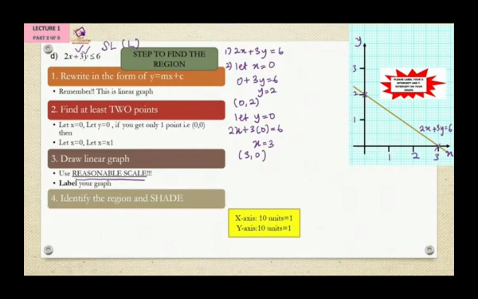The region is lower than the line, or below the line. Here can be B or L. B for below, L for lower. So lower than the line means it is here. This is the region. Okay, student.